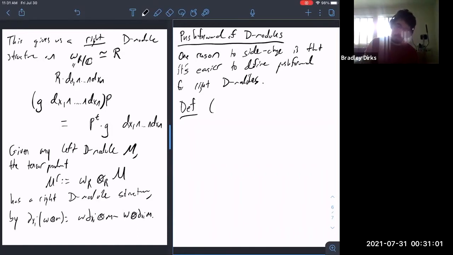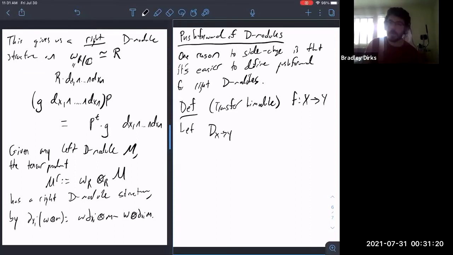For this, we're going to need something called the transfer bimodule. So if f from X to Y is a map of smooth complex algebraic varieties, or maybe a map from A^n to A^m, let D from X to Y, this sort of helps us remember which side has which module structure.